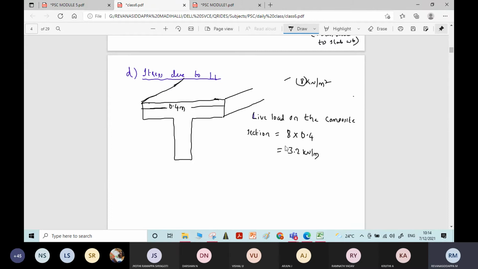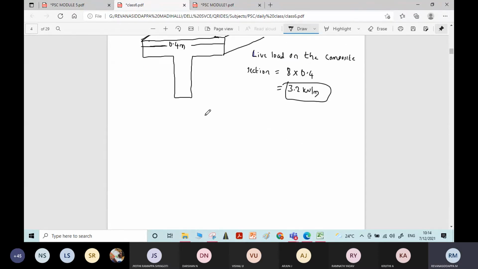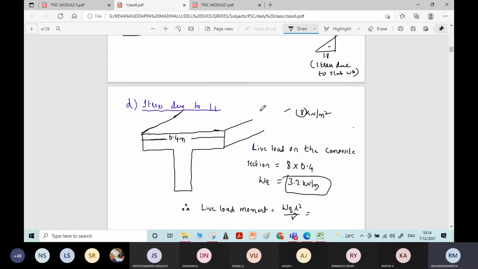The total length of the beam is known. It is 5 meter. Now you can calculate the live load moment, correct? This is WQ, the live load intensity. Therefore, the live load moment is equal to WQ L square by 8. The length is 5 meter.